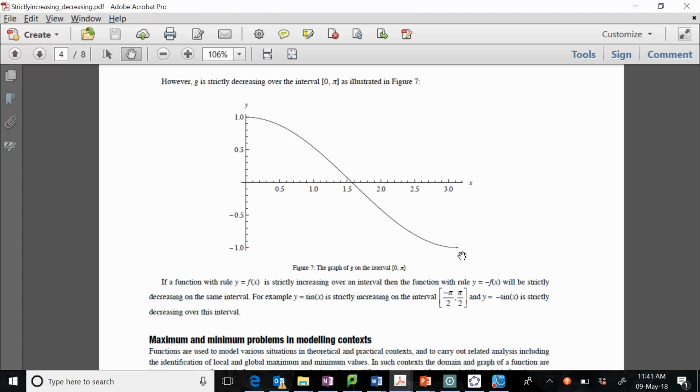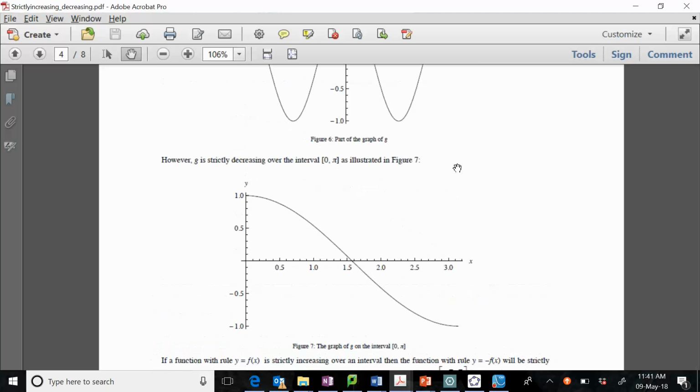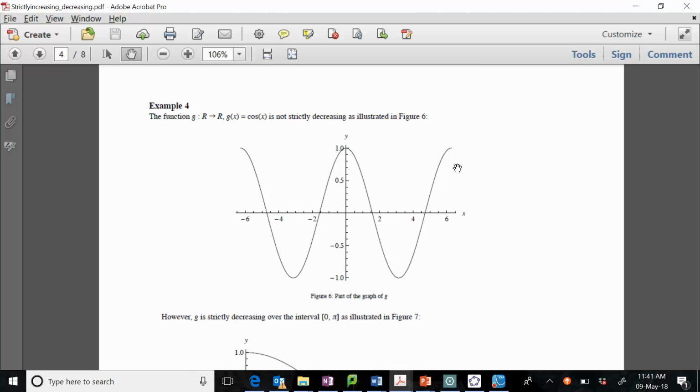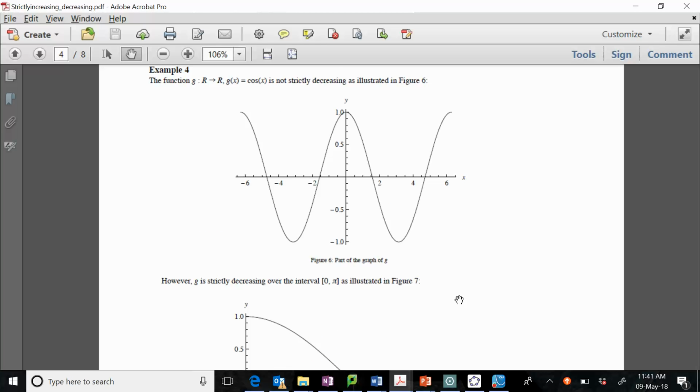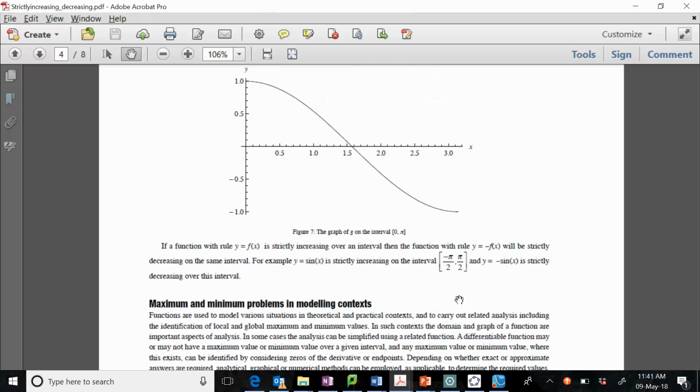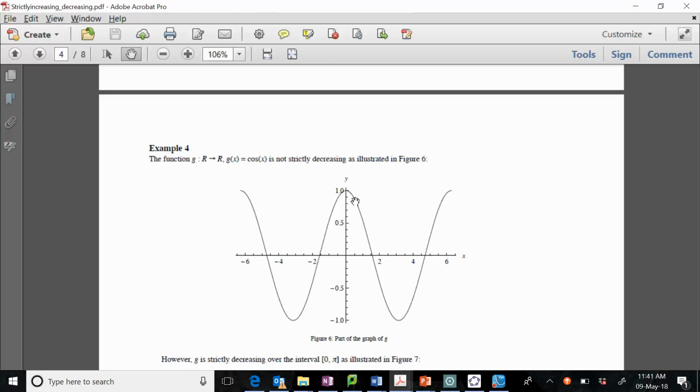I mean, including the interval. Oh, that is including it. Maybe your textbook's all wrong then. This is from VCAA, so you do include the turning points. Let me find an increasing one. So this is decreasing. You include 0 and pi.